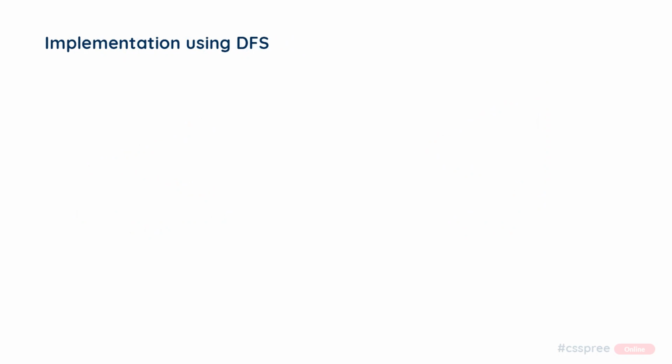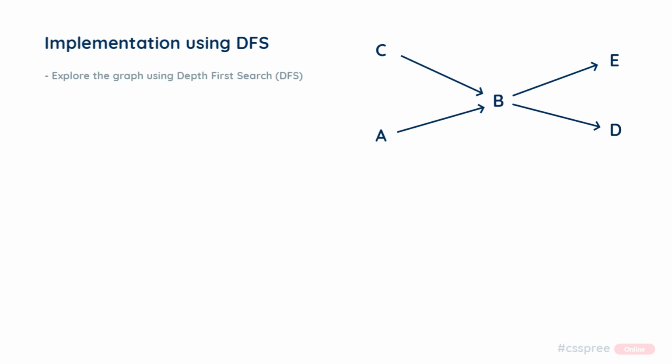Now, moving on to the implementation using DFS. There are a lot of techniques used to implement topological sort, but DFS is the most popular because it is easy to apply and easy to understand. So here is another graph, and we will apply DFS, or depth first search algorithm, to each node of this graph.